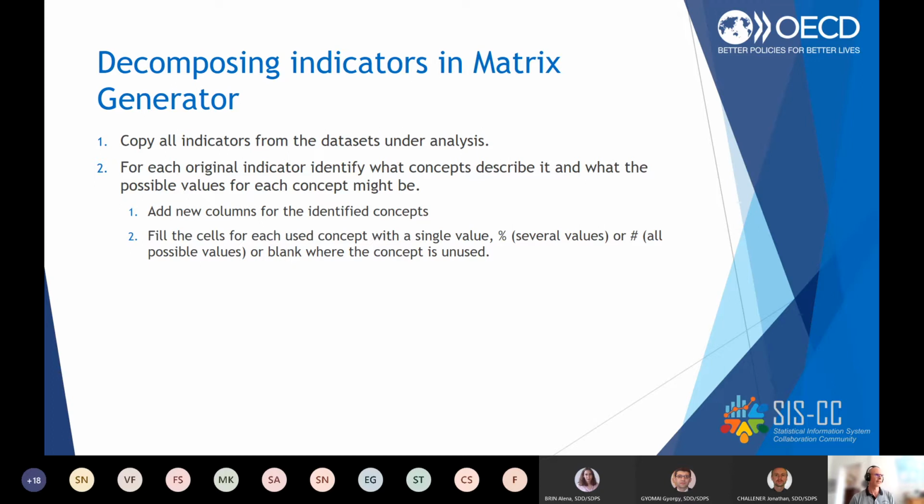And for each indicator, then we see how to decompose that and see what concepts describe it. I mean, Anastasia has already described this, but let's have a look at that in the matrix generator itself.